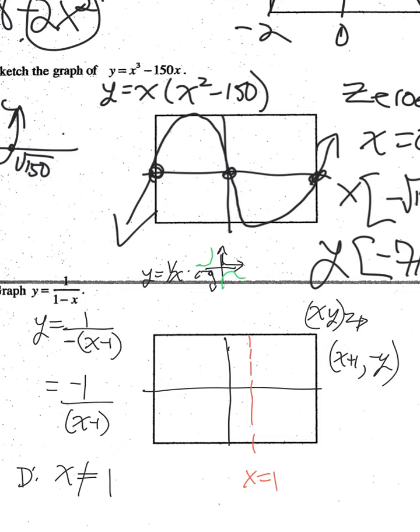So the point that was on the graph 1, 1 is going to become the point x is 2, y is negative 1. There's one branch. The other point, negative 1, is going to become the point 0, 1. And here's the other branch. Of course, you do have a horizontal asymptote that you never moved.